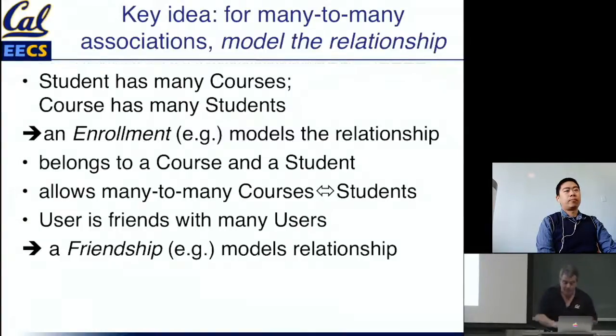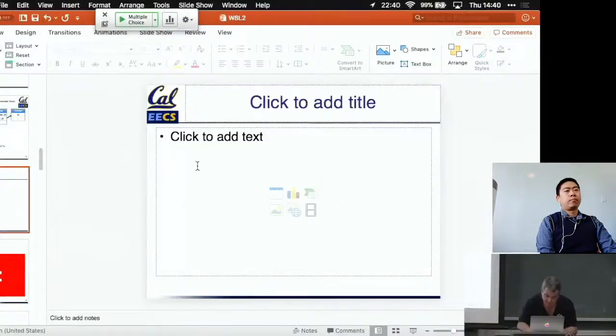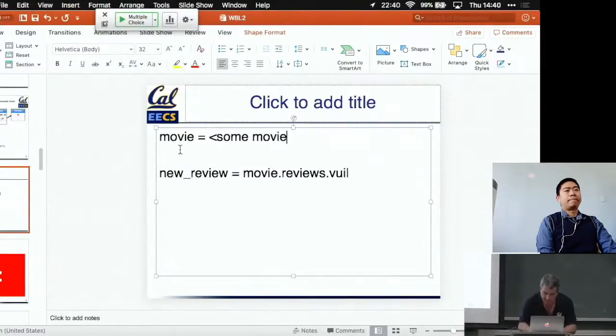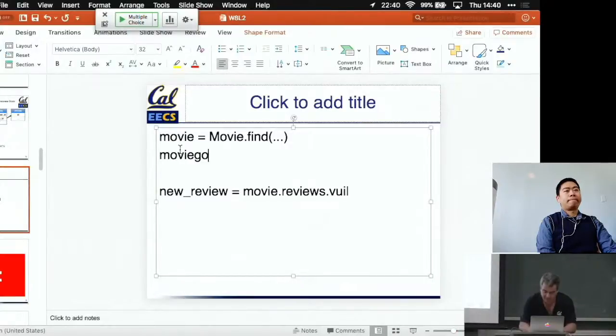So all of those things having been said, I could say something like new review equals, so let's see. So if I have something like that and something like that, I have a couple of choices.